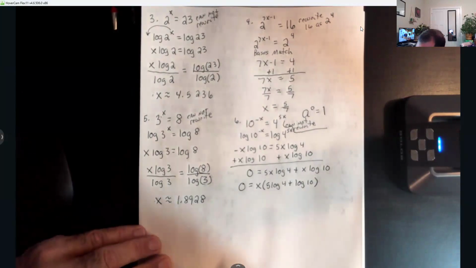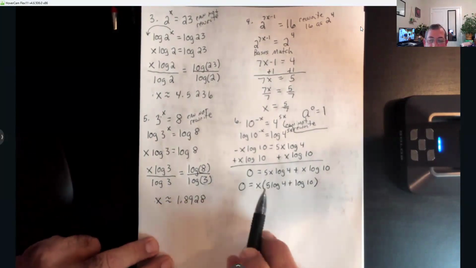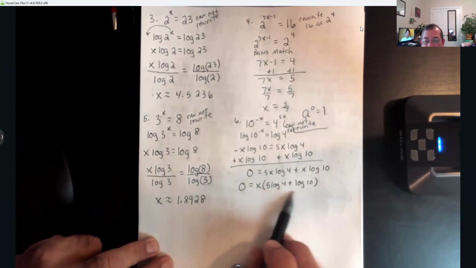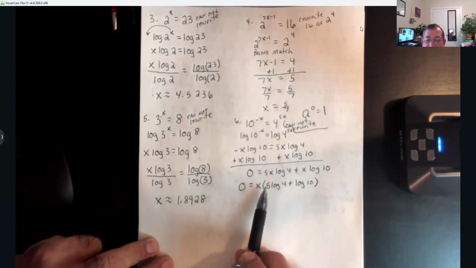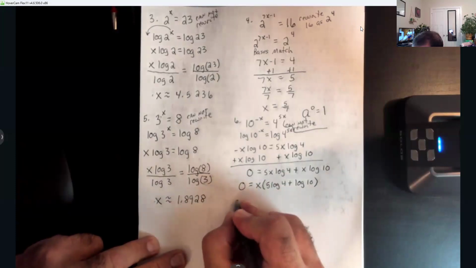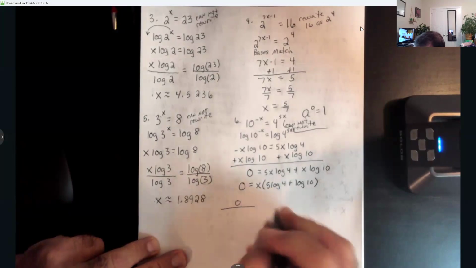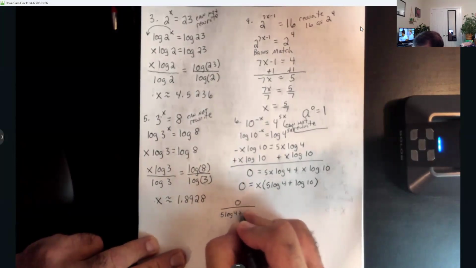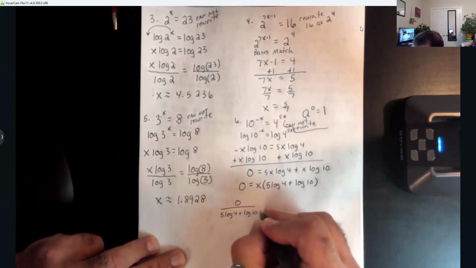So here's my x I'm solving for. This x is being multiplied by everything in parentheses. So what we're going to do now is divide both sides by all this in the parentheses. So that'll be 5 log 4 plus log 10.